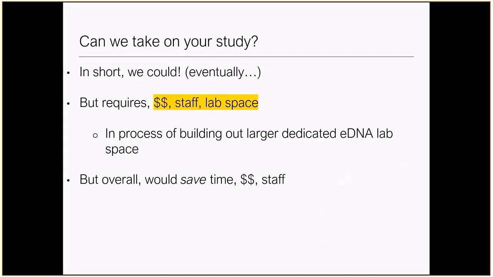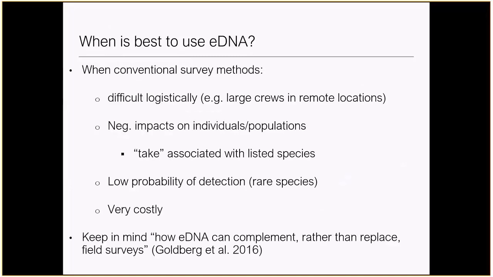Of course, these things require time, staff, money, but my opinion is that in the long run, we end up saving time and money and staff if we don't have to do as much field work to accomplish the same goals. So in summary, what is the best use of eDNA?